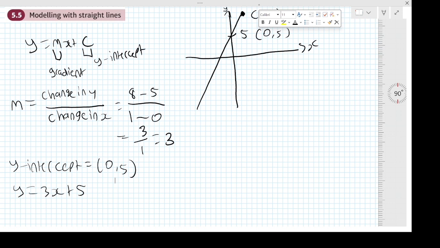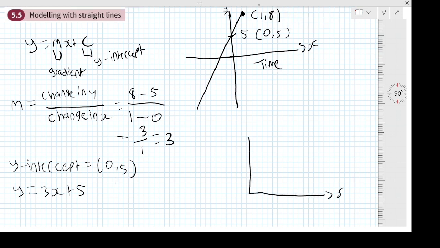Let's take as an example that x is time on the x-axis. But time is positive, so we're only interested when x is positive in that case. And say y is now the population number.